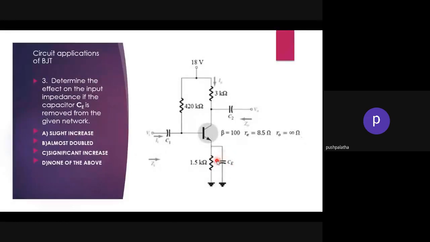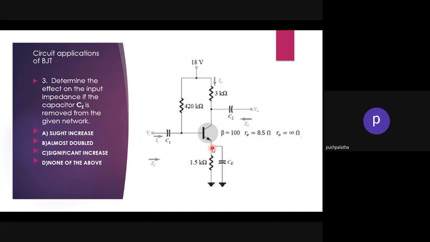Clear? When it bypasses AC, it allows the signal to pass through it, so obviously it becomes a short circuit. When it is a short circuit, there is no significance to this resistance, because current will flow only through the short circuit.